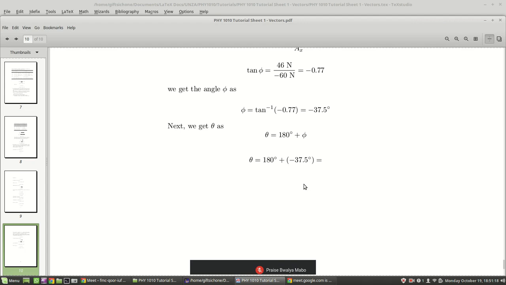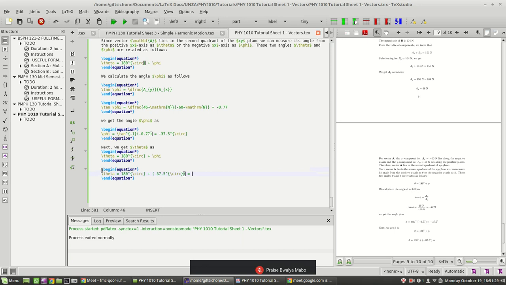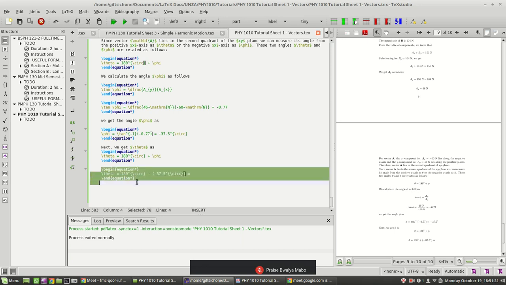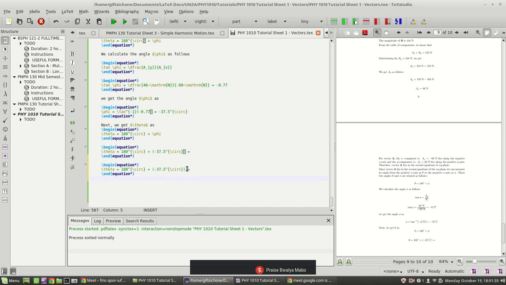How much is that? 180 degrees plus negative 37.5 degrees. That's 142.5 degrees.